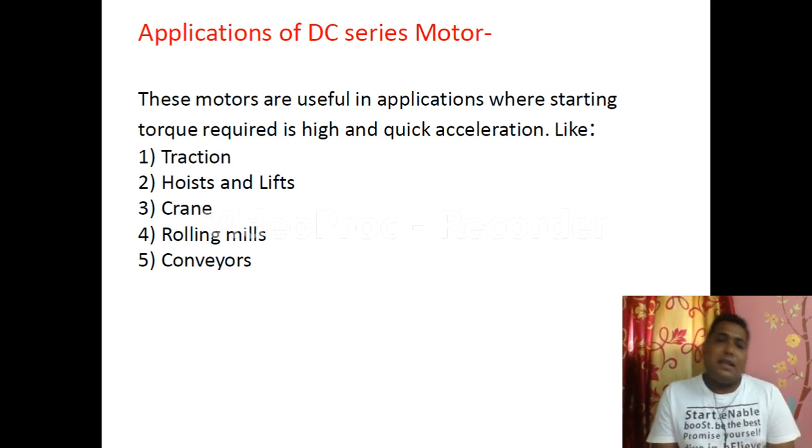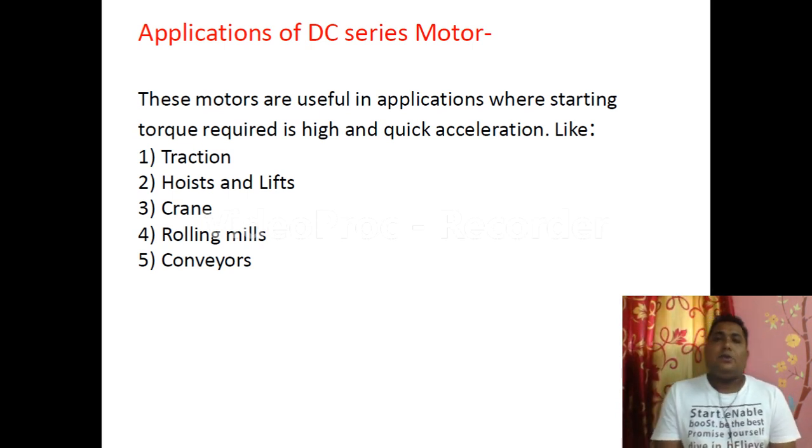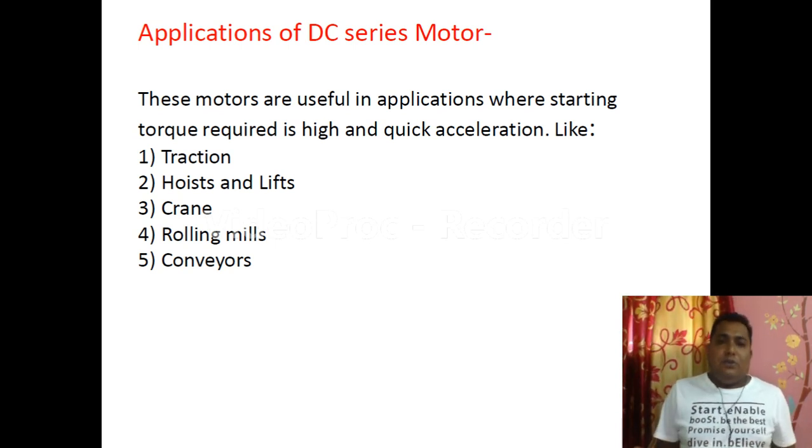So what are the applications of DC series motor? Let us say traction, hoists and lifts, cranes, rolling mills, conveyors. Where we have to carry a huge load from zero speed to some speed, there we actually use this type of motor.